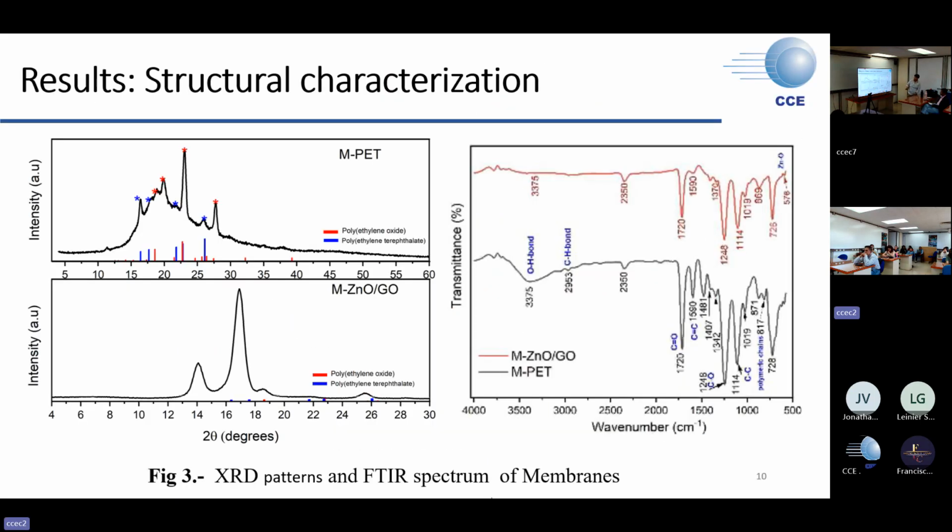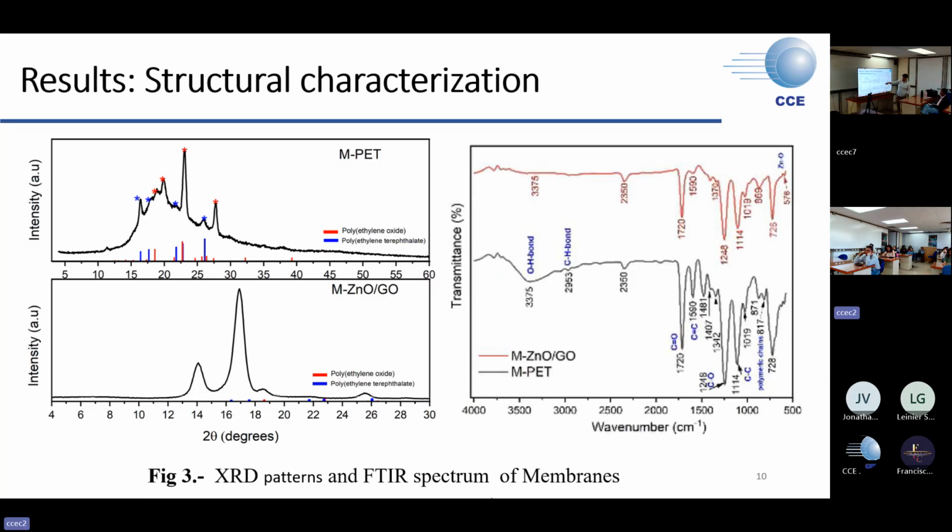These are the results. PET and PEG are not crystalline materials. They are amorphous compounds. So that's why we see this signal in the XRD. As you can see, we don't have a zinc oxide signal because it is only PET. This is the membrane of PET.